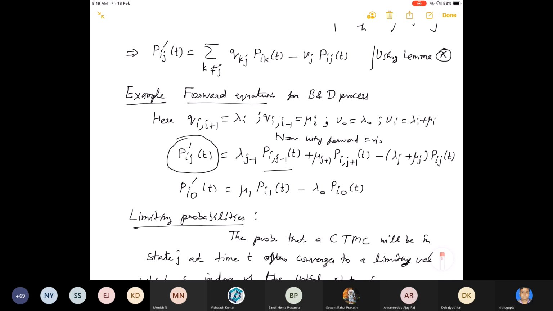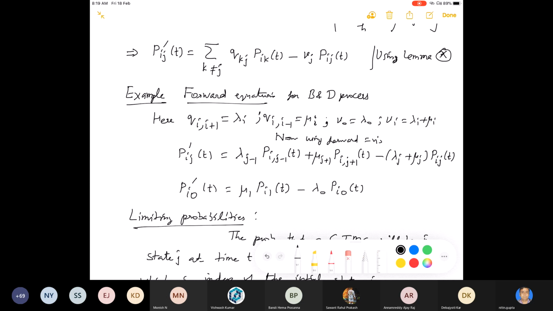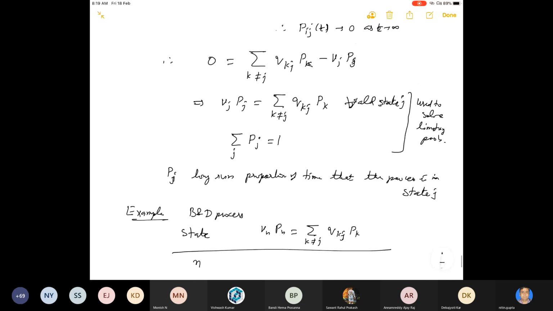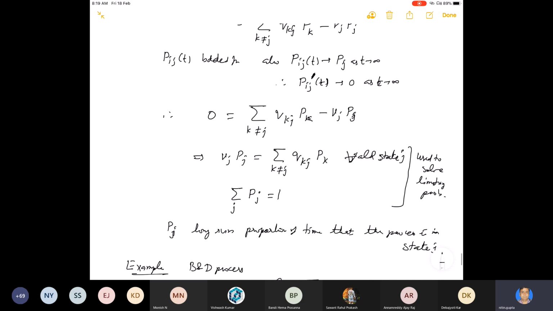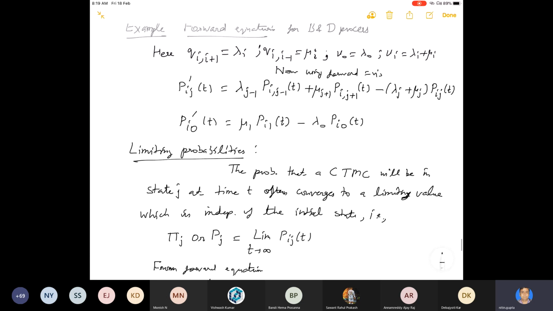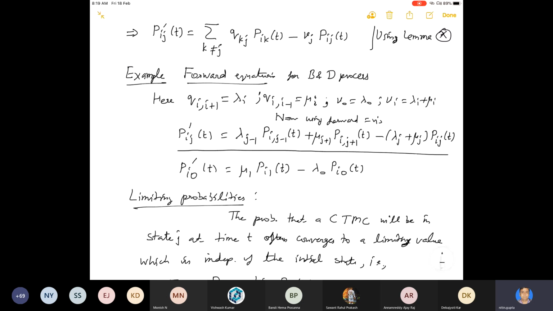So from here we easily get that lambda n plus mu n times Pn is mu n+1 Pn+1 plus lambda n-1 Pn-1. Because the forward equations are these, we are just taking the limiting value, so from this equation we will get the answer.